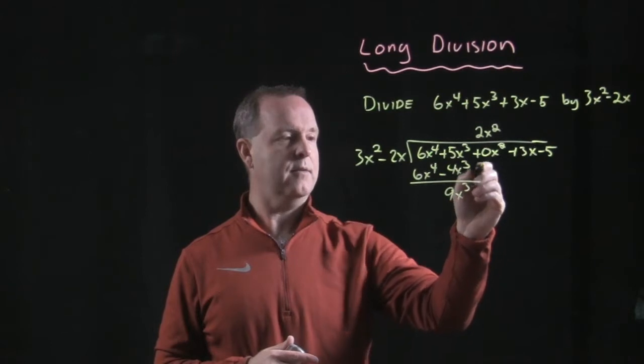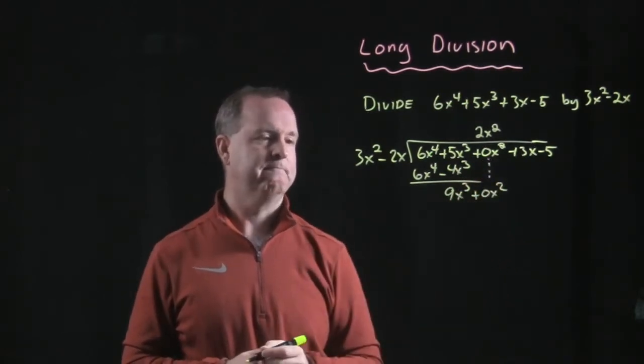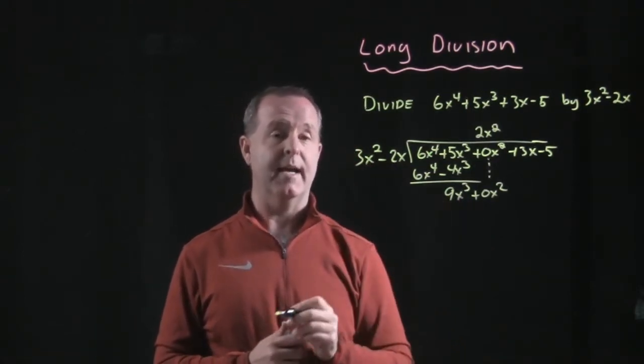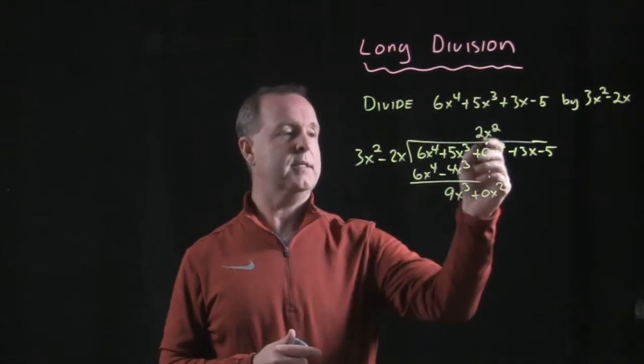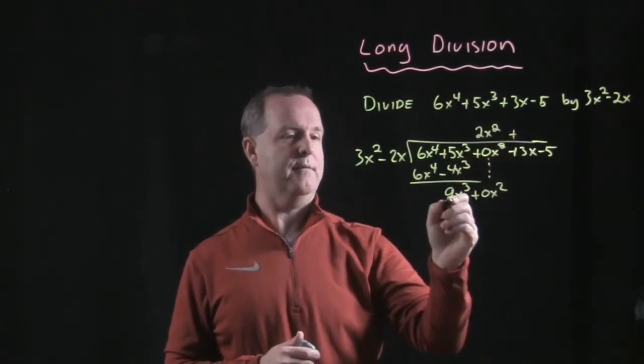Drop my 0x down, and now I begin again. So 3x squared divided into 9x cubed produces a positive, I'm going to line it up right, positive 3x.